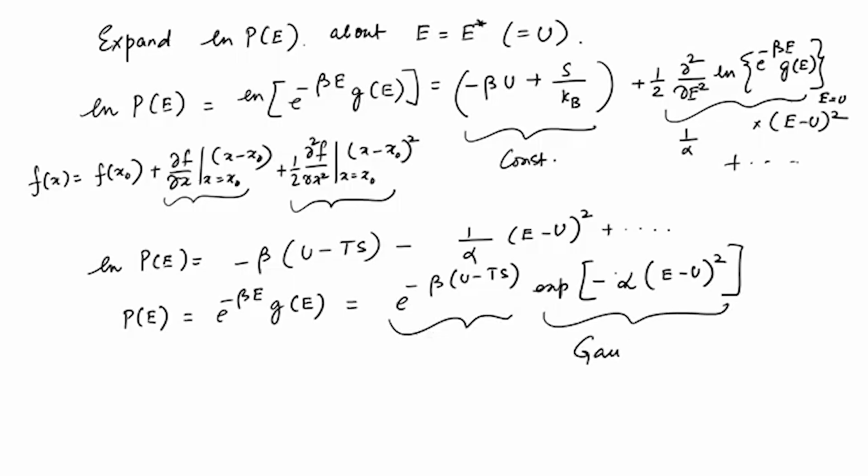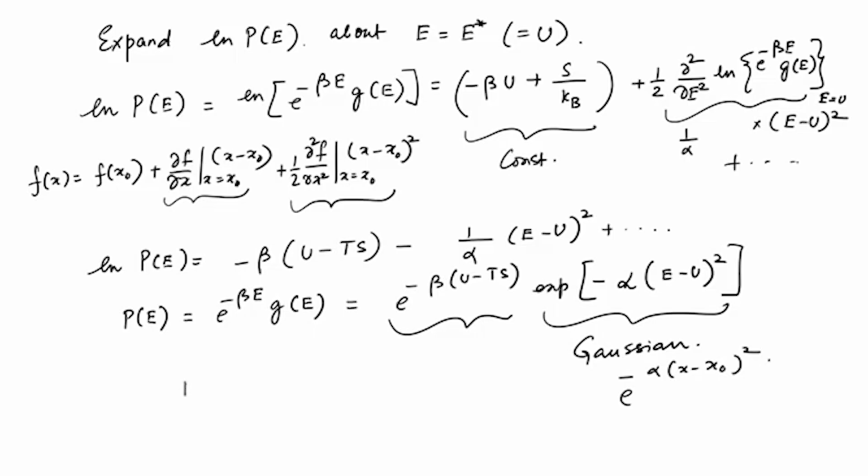Okay. This exponential minus alpha x square, and this is what was claimed, that this is like a bell shaped distribution with the mean at u. So, the mean is of course at u, as you can see that it is like a term which is like exponential minus alpha x minus x 0 square.